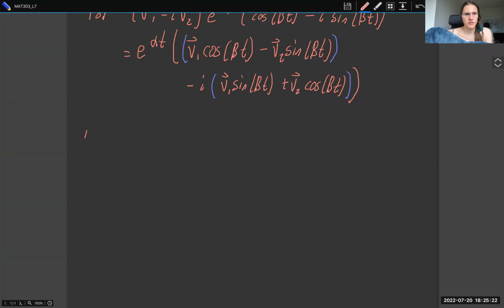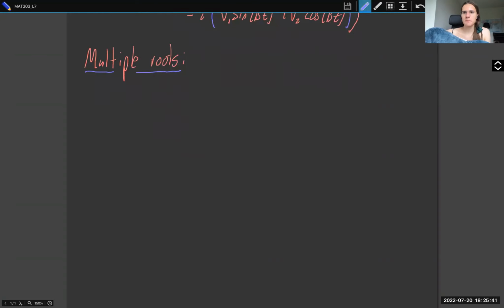Okay, multiple roots. So this situation is much less trivial than you'd actually think at first glance. And that's because you can actually get two different kinds of behavior with multiple roots.